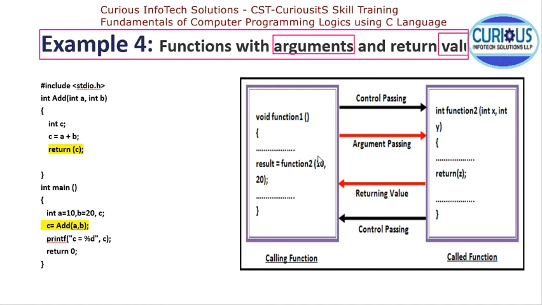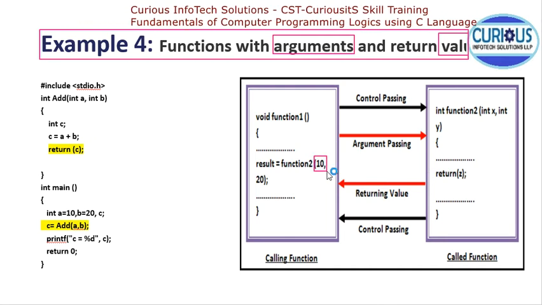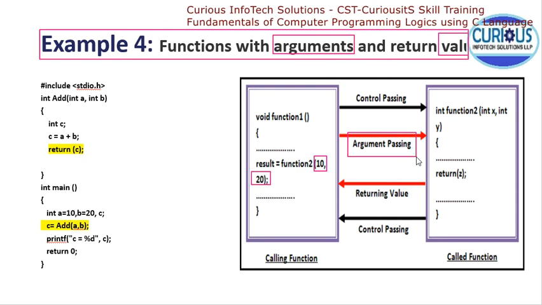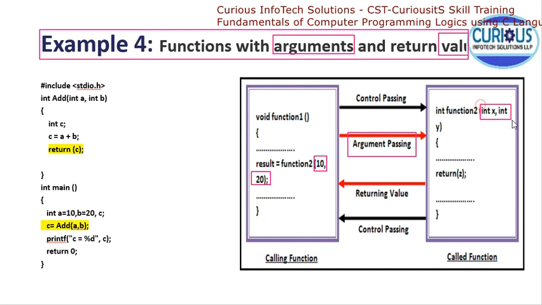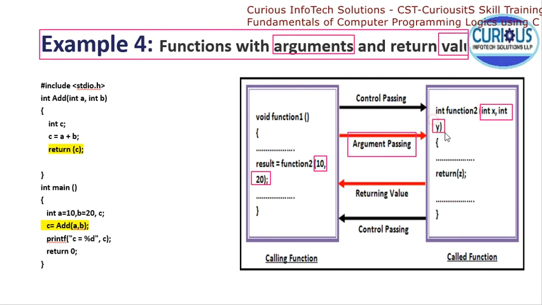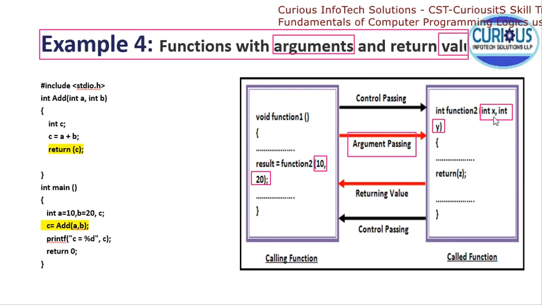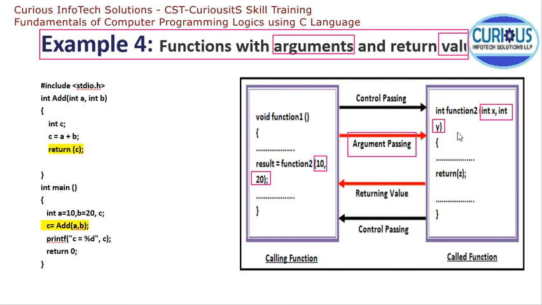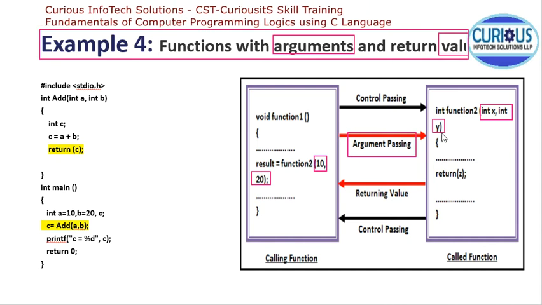Here we have 10, 20. This 10, 20 means you want to send arguments. So there is some argument passing. Here there should be int x and int y, taking variables so that all the incoming values map to these. So 10 becomes x and 20 becomes y.